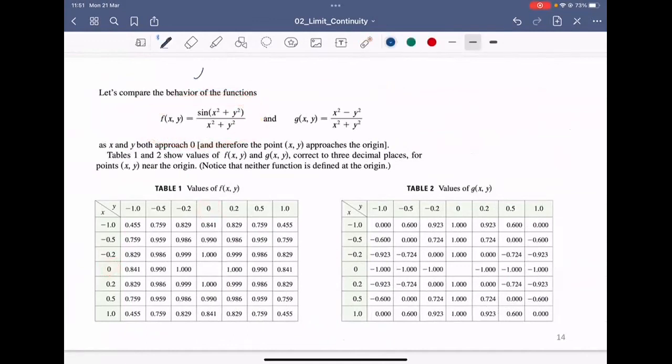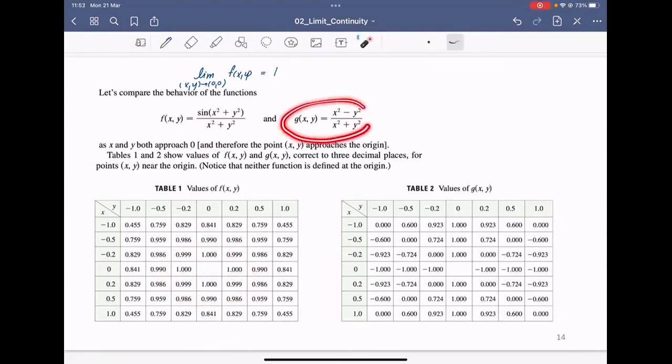Let's say I want to find the limit of f(x, y) where (x, y) approaches (0, 0). You can see that the point (0, 0) is here. When they approach (0, 0), everything looks like, oh, the limit should be 1, because from any direction, the value you get is close to 1. So this limit exists and equals 1.